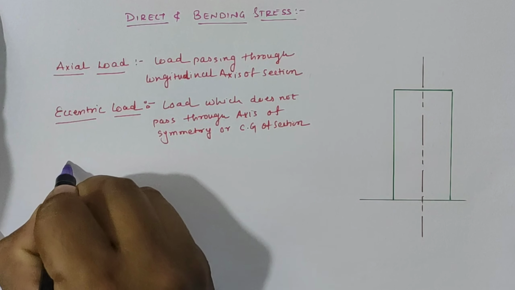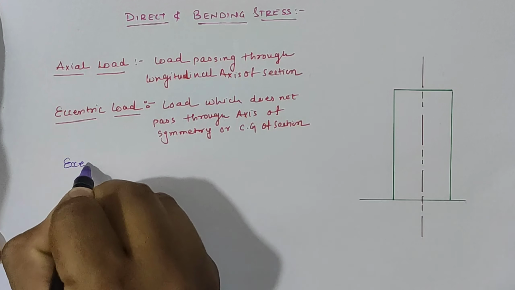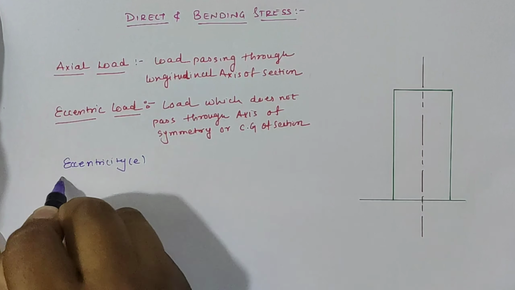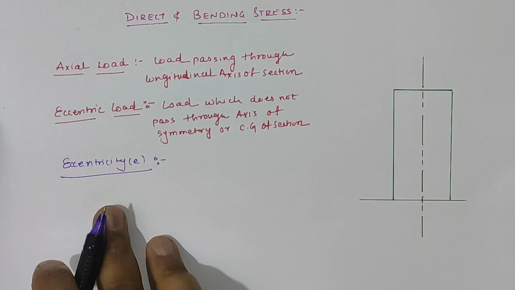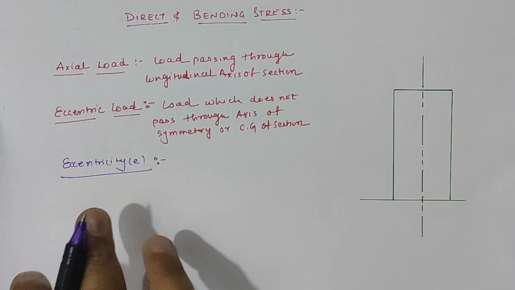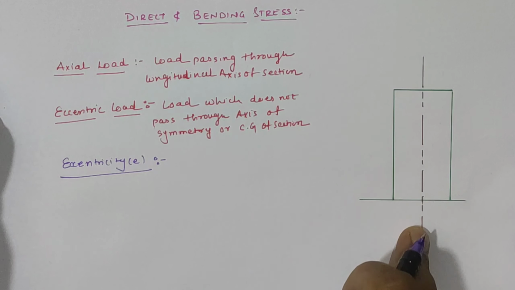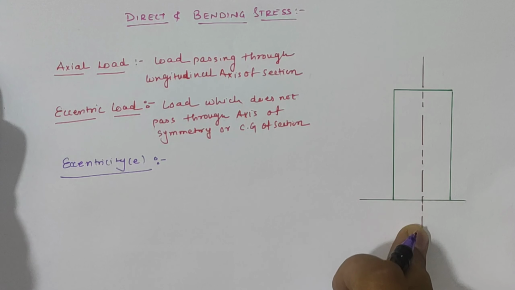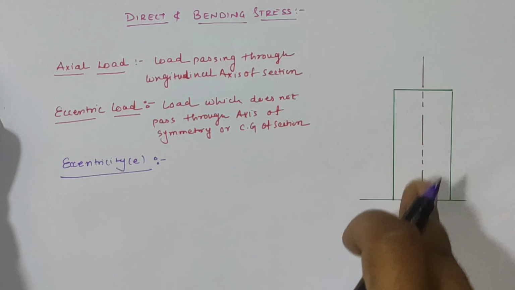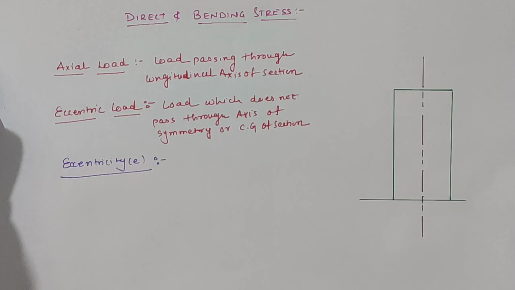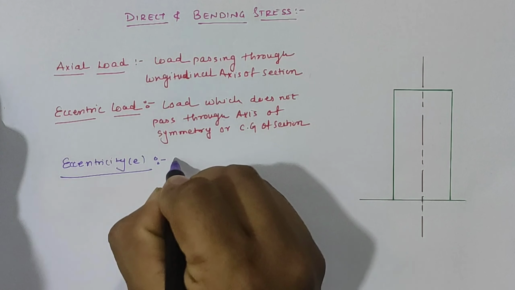Now the third definition is eccentricity. It is defined as the horizontal distance between the longitudinal axis of the given column, or we can say the CG of the given column axis, to the line of action of the load.